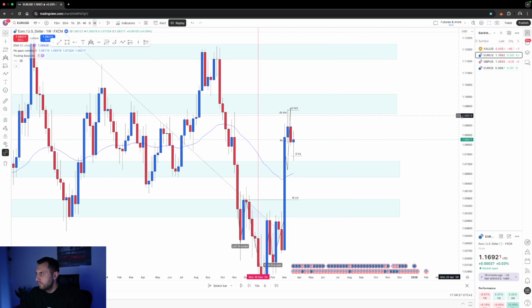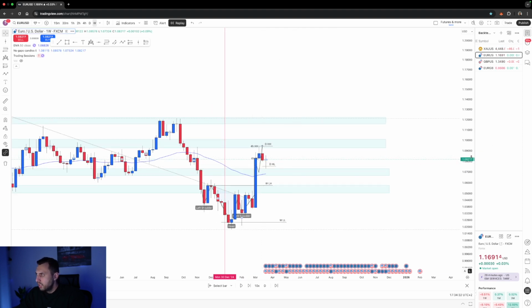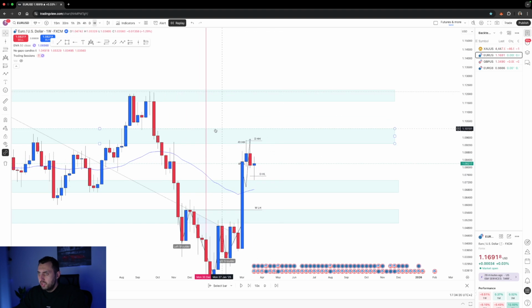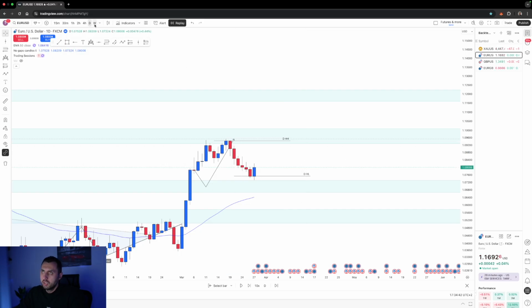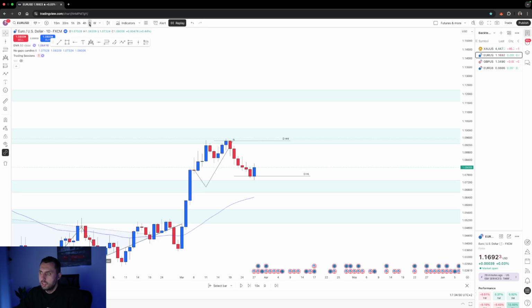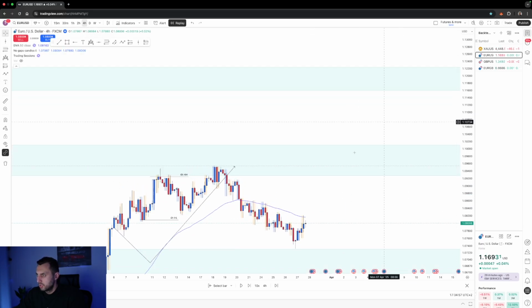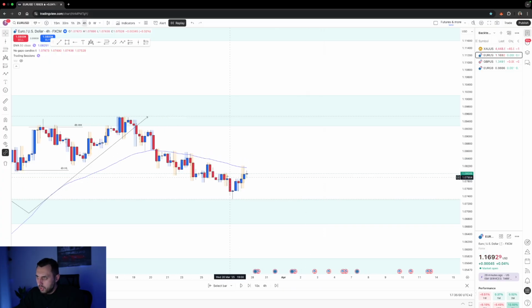So on the weekly, we had a rejection week from this zone, and the price came here, and I honestly, let's see. Yeah, daily bearish, 4 hour, basically. Yeah, I would wait for a shift of structure on the 4 hour in order to go long.